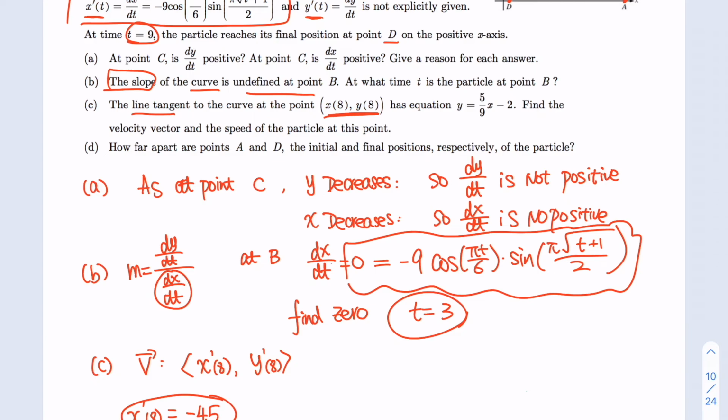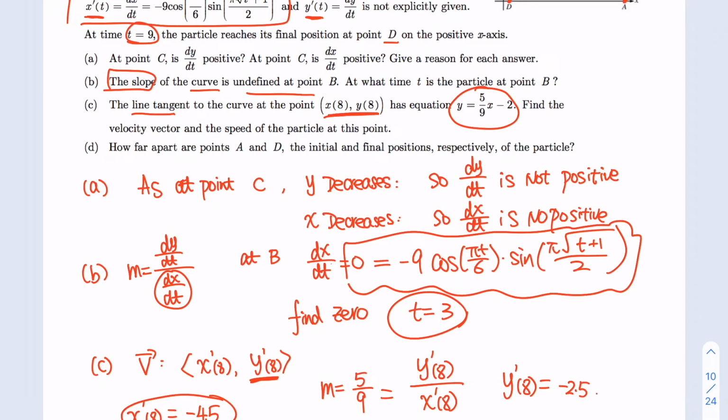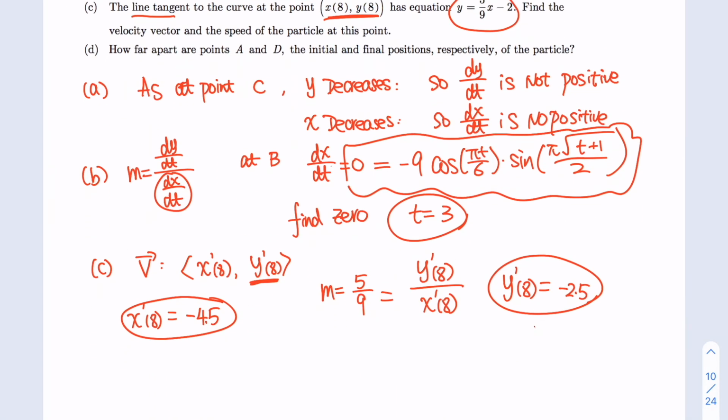Now we need to solve for y prime at 8. Because the equation of the tangent line is given, the slope equals 5 over 9, which is given by y prime at 8 over x prime at 8. So y prime at 8 equals, we plug x prime at 8 in, negative 2.5. So altogether, the velocity vector is negative 4.5 and negative 2.5.